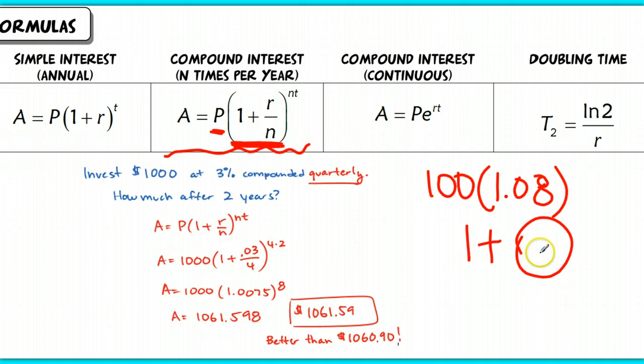Now your rate will be affected whether it's compounded quarterly, annually. If it was annually, it would be that rate divided by 1. So in this case, that interest rate was just compounded one time. So it was a yearly amount. And then you raise it to however many times you compound it.